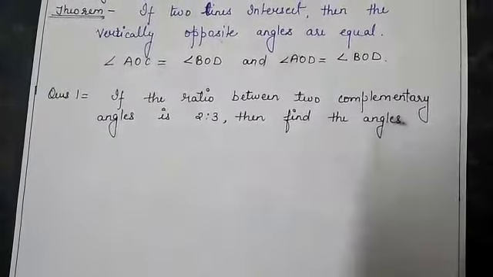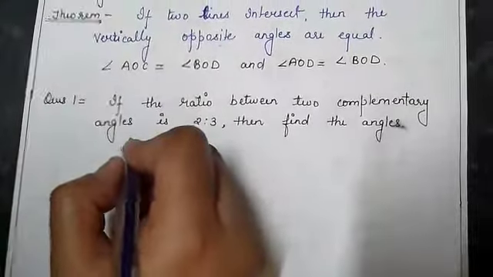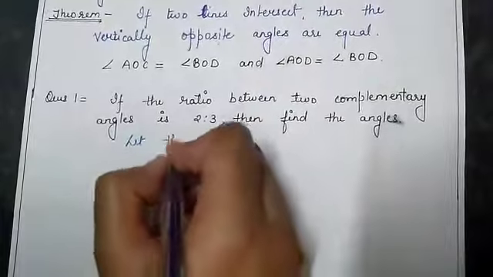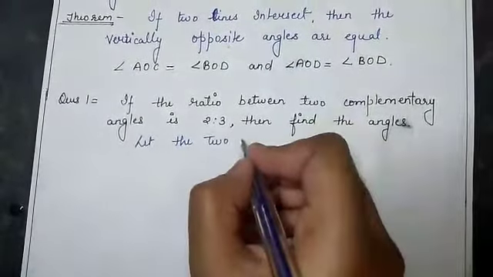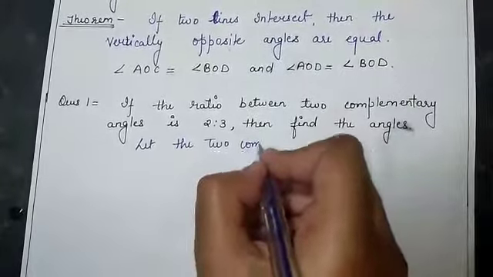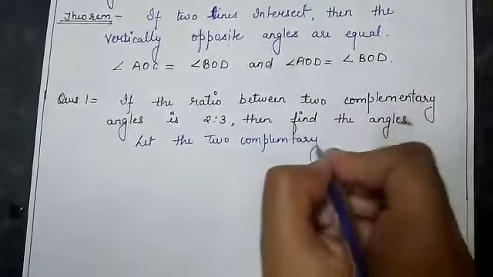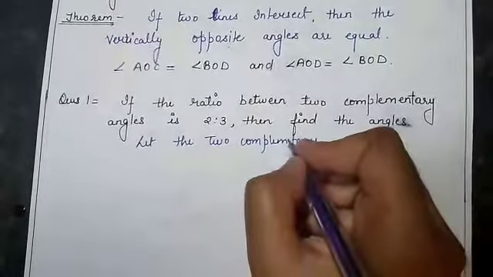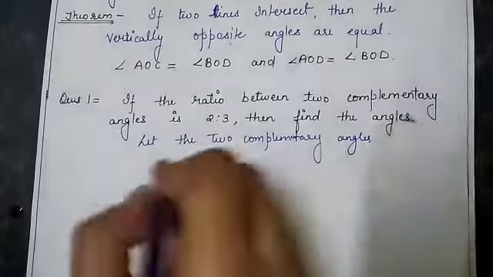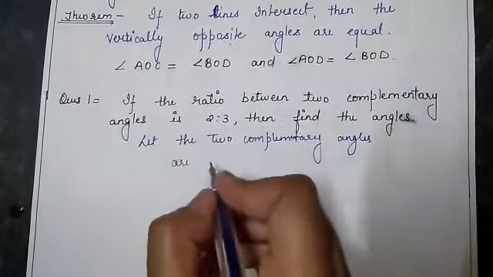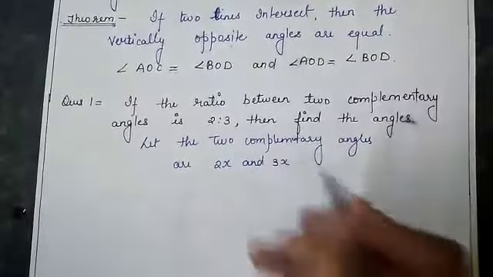Then we say, let the two complementary angles be 2x and 3x.